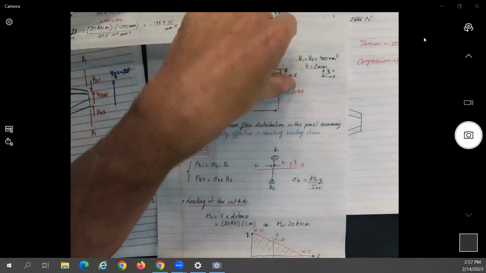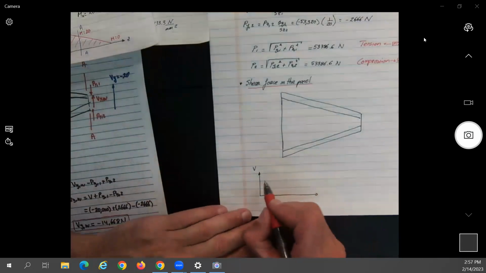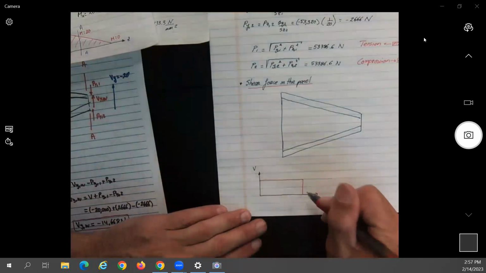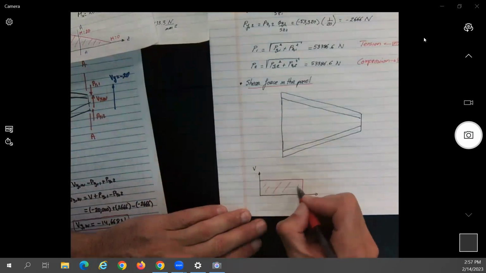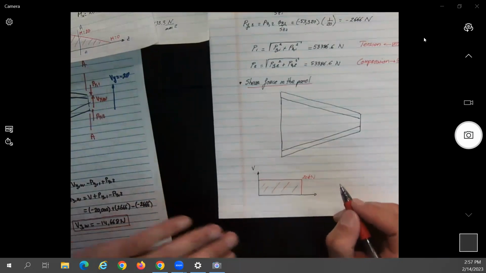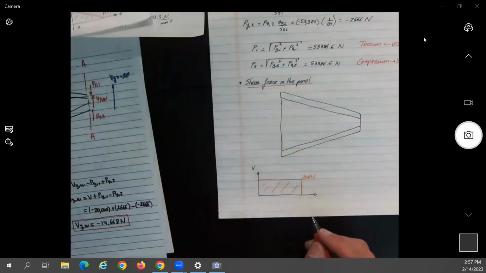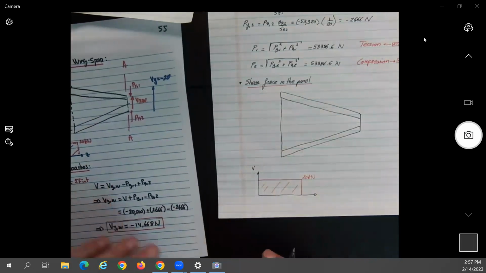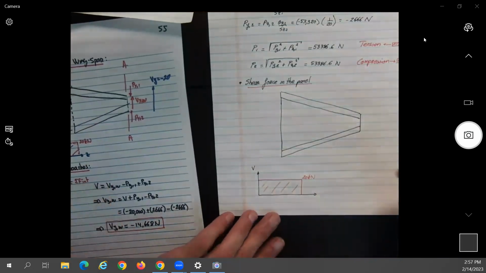It would be 20, no? Yeah, so it would be the same everywhere on the cut. We have here, this will be 20 kilonewtons. Okay, you can decide to make it up or down, whatever you want.